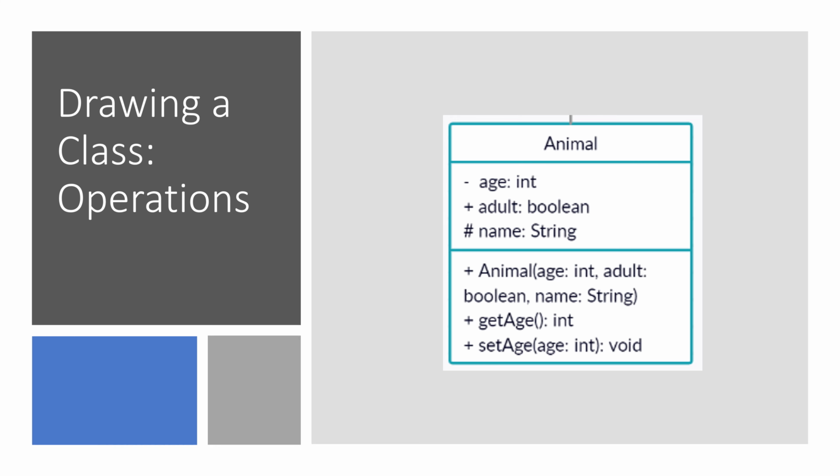The remaining two operations are methods, getAge and setAge. GetAge has no parameters, so the parentheses are empty. However, it does return a value, and that is denoted with a colon followed by the object type, in this case, an int. The opposite is for setAge. We have a parameter, but we do not return anything. We still must classify that with the word void after the colon.